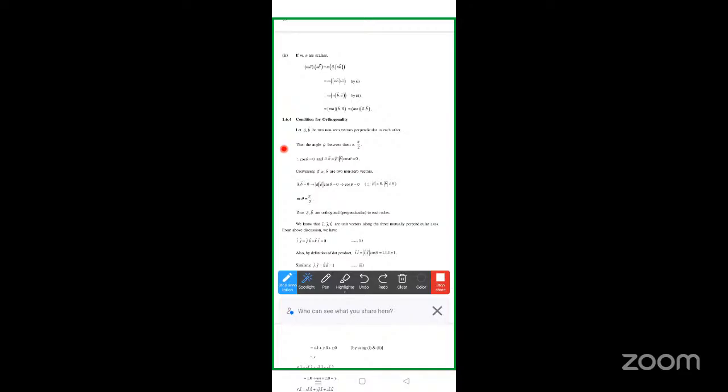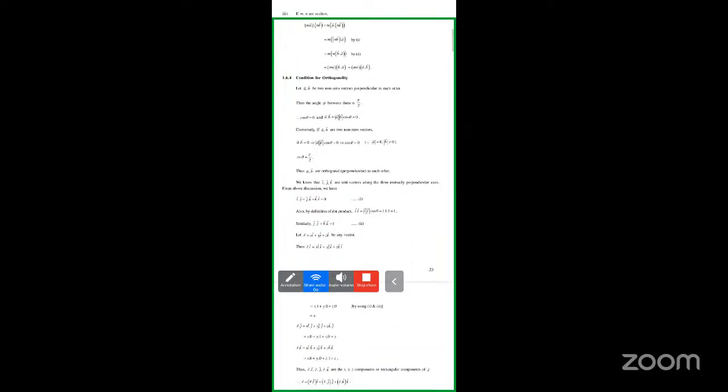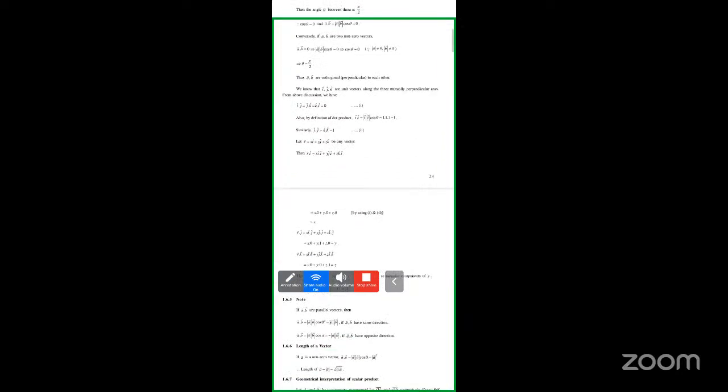So we know that i, j, k are unit vectors along the three mutually perpendicular axes. From the discussion above, here also the same: R bar equals (R dot i) i plus (R dot j) j plus (R dot k) k.